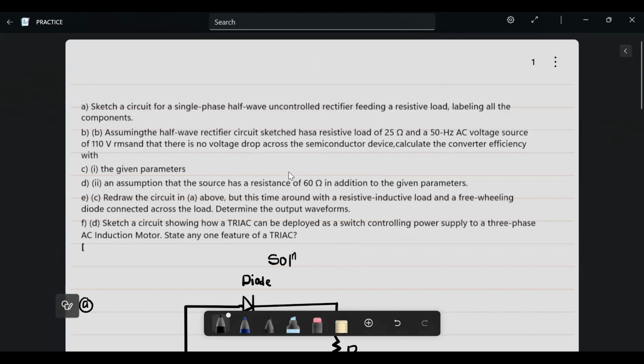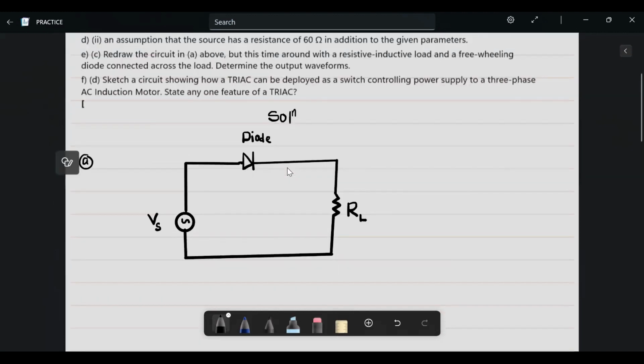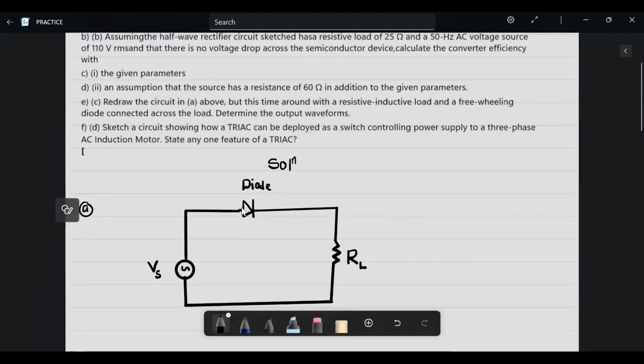And there is no voltage drop across the semiconductor diode, so we're assuming this diode is ideal. Calculate the converter efficiency with the given parameters. So I want to find the rectification efficiency here, how efficient this one is.